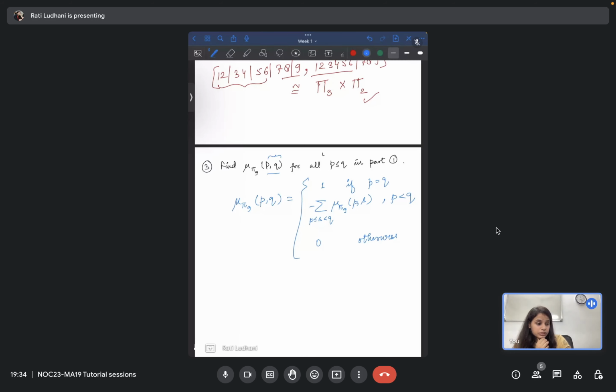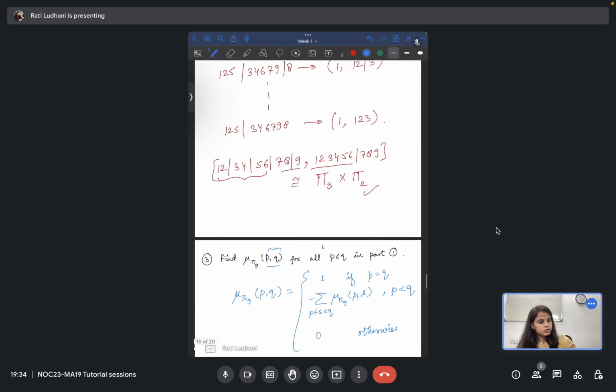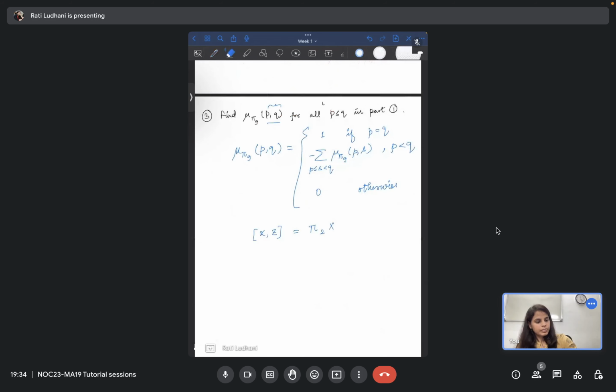Again, from the product of Mobius functions, we have a formula already. If you have, for example, pi z equal to pi 2 cross pi 2, and that is the isomorphism, then mu of pi 9.